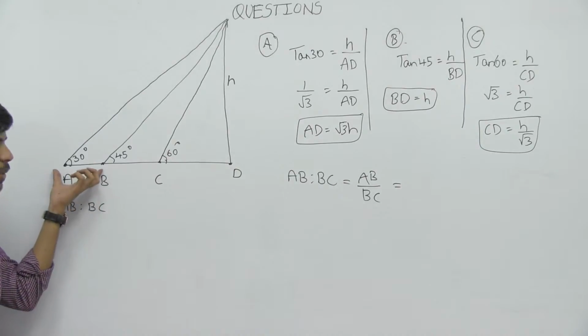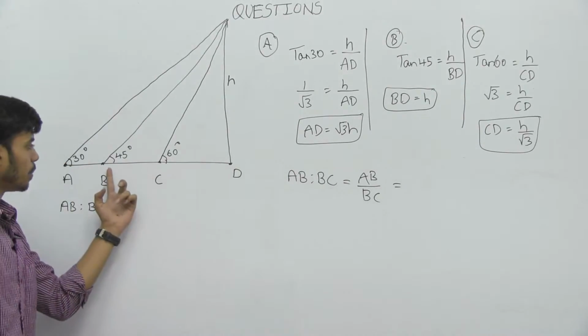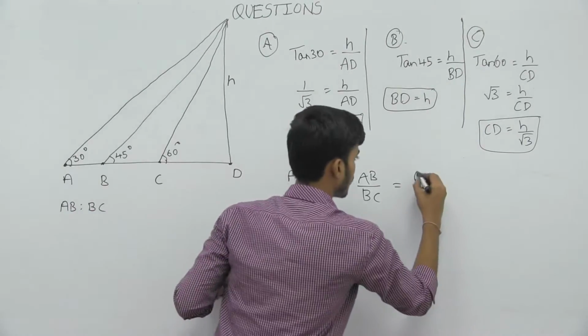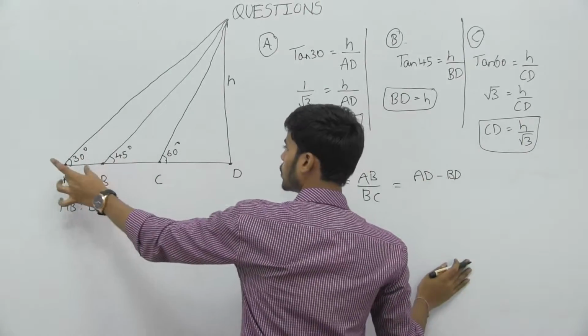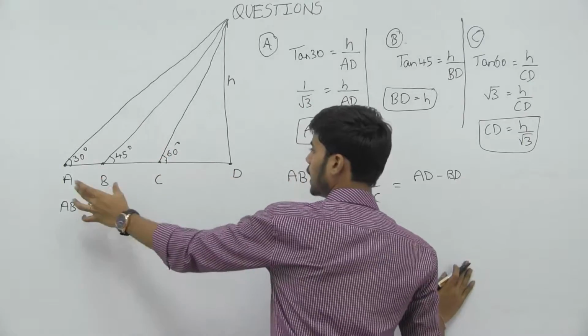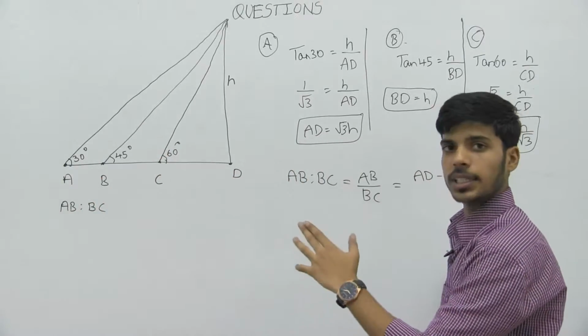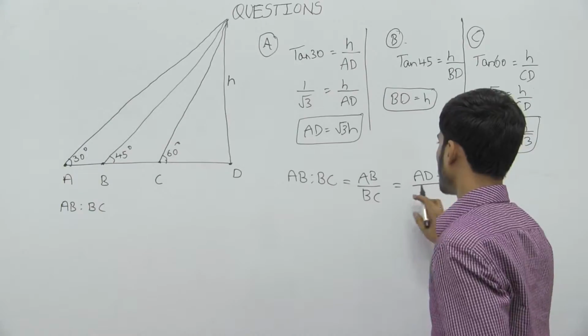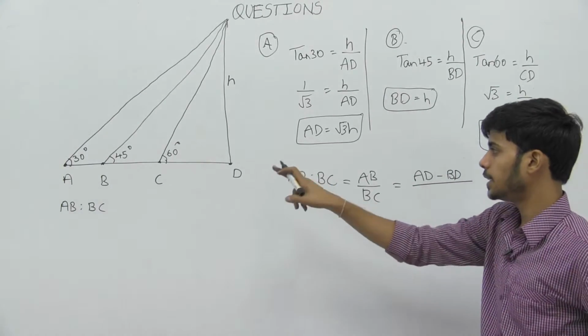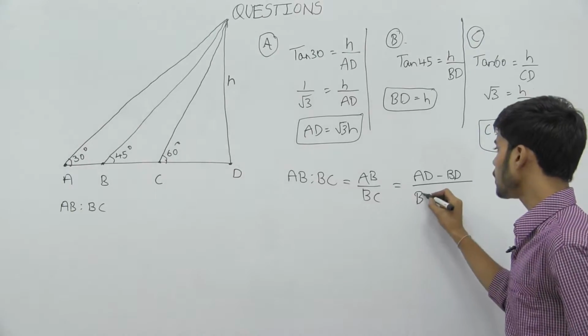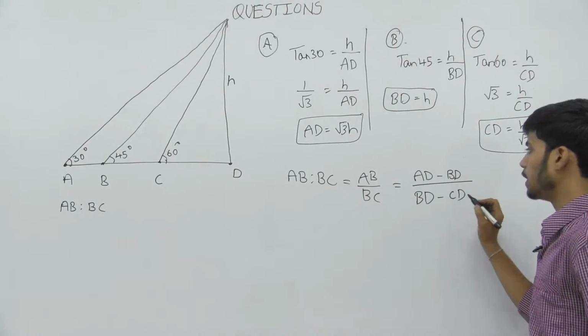So let's write AB as AD minus BD. Because we know only the values of AD, BD and CD, let's try to express AB and BC in the same. AB as AD minus BD and BC as BD minus CD.